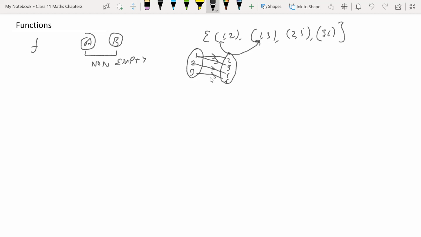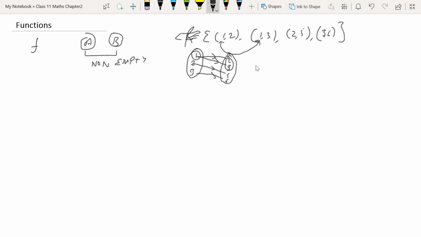This relation is not a function. Why? There are two images for this single element. So this is not a function, it is a relation. I hope you understood it well.